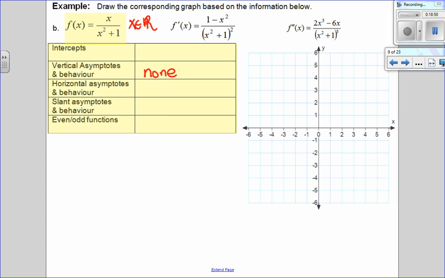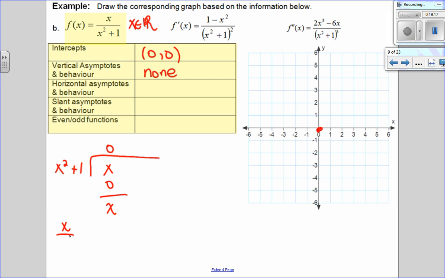To figure out the intercepts, let's let x be 0, then I'll have 0 over 0 plus 1, which is just 0. So I have an intercept at 0, 0, an x and a y intercept. Okay, for horizontal asymptote, let's use long division, x squared plus 1 into x. So x divided by x squared, that's 0. 0 times all of that is 0, subtract is x.